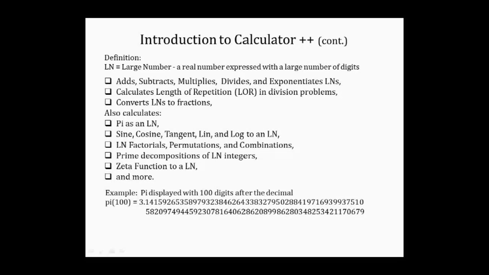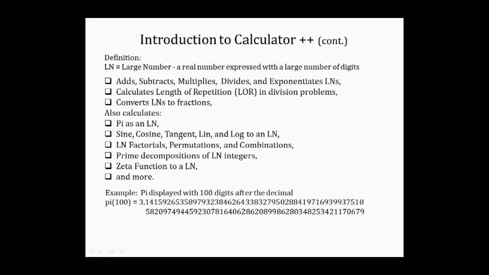The definition of LN means large number. A large number is simply defined as any real number using a large number of decimal places. Most scientific calculators display numbers to only 15 or 16 decimal places, which is fine for many applications.